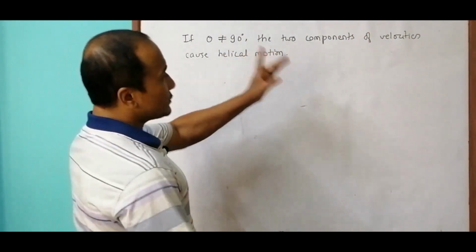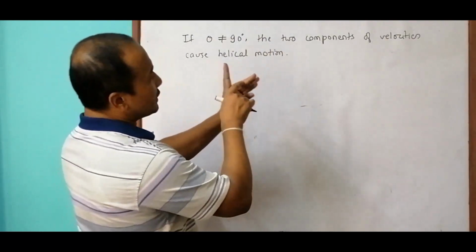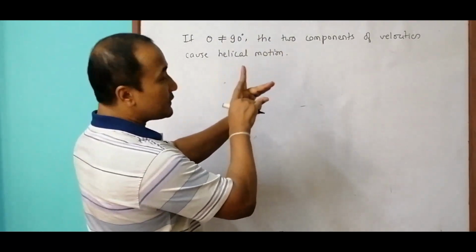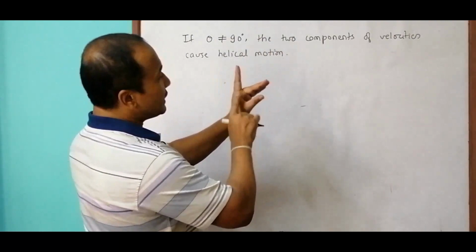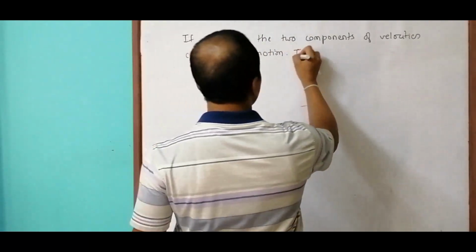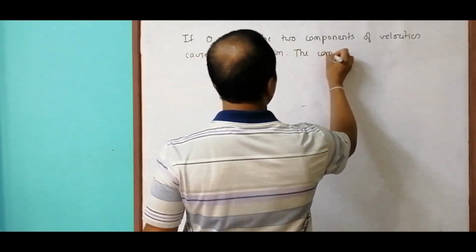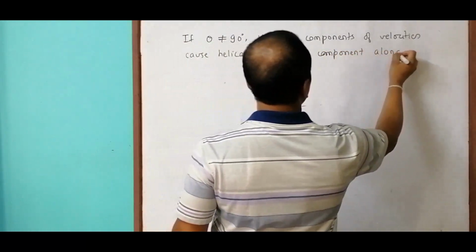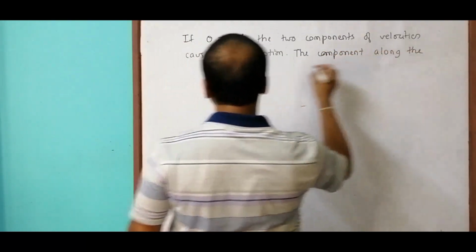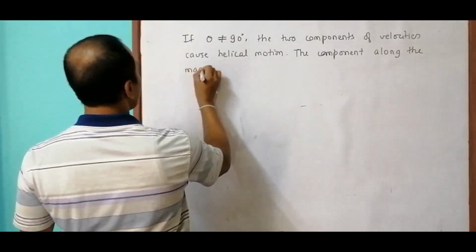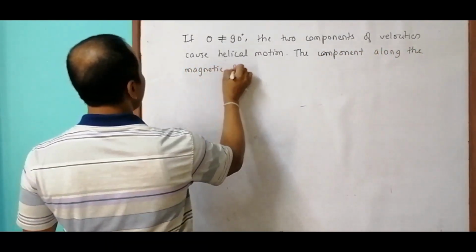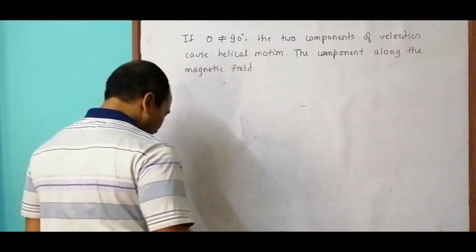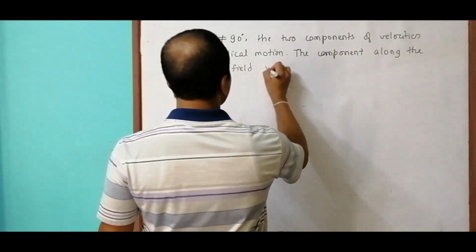First we have to write the component which is along the magnetic field. We write it as V parallel.